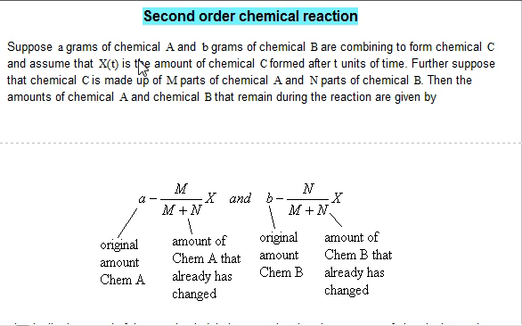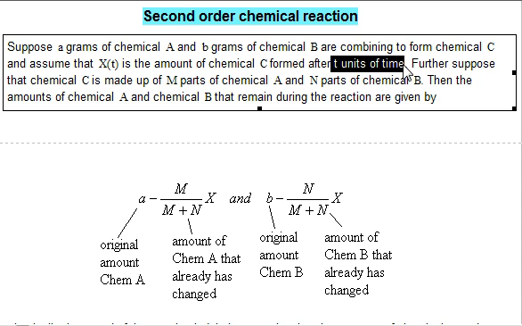So, suppose we have A grams of chemical A and B grams of chemical B, and they're combining to form chemical C. And assume X of T is the amount of chemical C formed after T units of time.